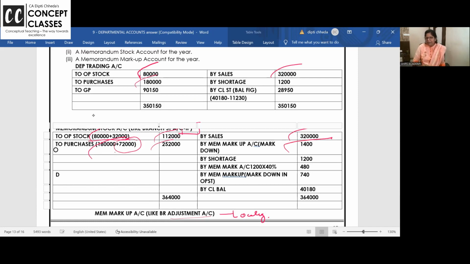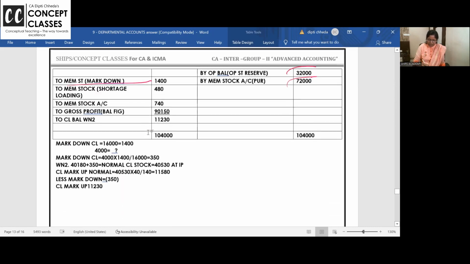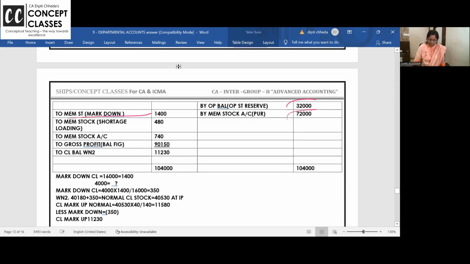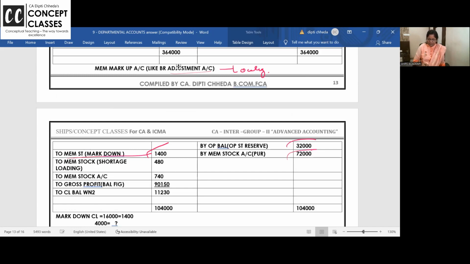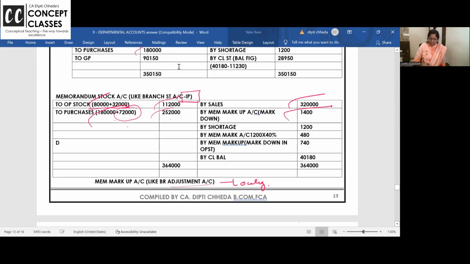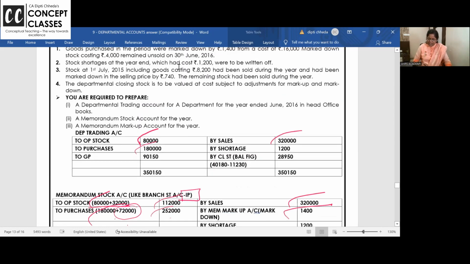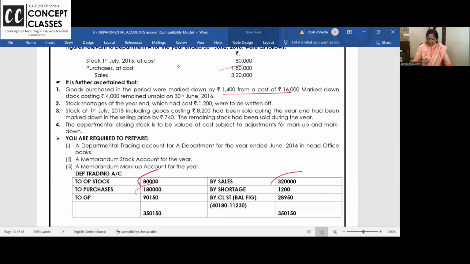Mark up debit. आपने ऐड किया ना, तो mark down credit 1,400. Here also 1,400. Mark up 72. यहाँ debit और credit तो mark down credit. कितना है mark down? 1,400. From a cost 16,000. अभी भी marked down goods are there in stock.